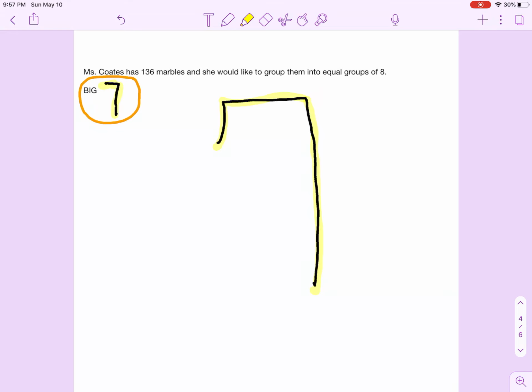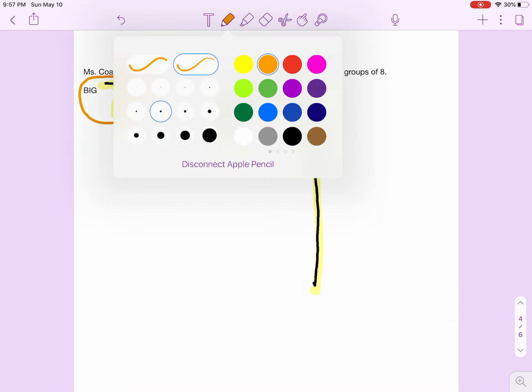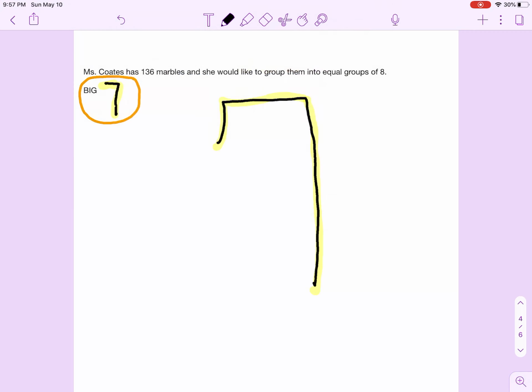So we're going to call this strategy Big 7. All right, so for this strategy, we are going to take the numbers in our problem, 136, and we're going to divide it by 8. So you probably recognize a division problem looking something like that.